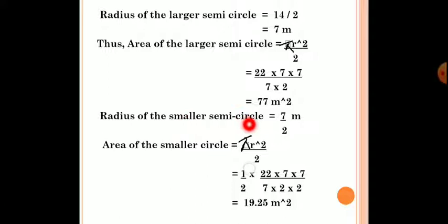Next, the radius of the smaller semicircle is 7 by 2 meter. So the area of the smaller semicircle is pi r square divided by 2. So half into 22 by 7 into 7 by 2 into 7 by 2, which is 19.25 meters square.